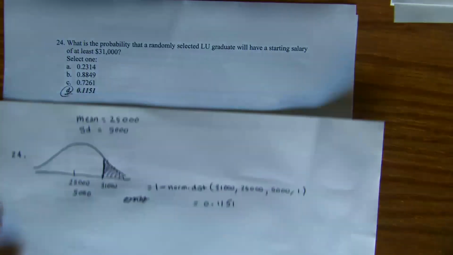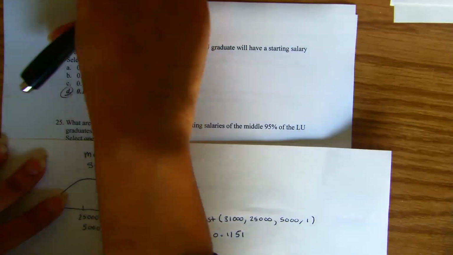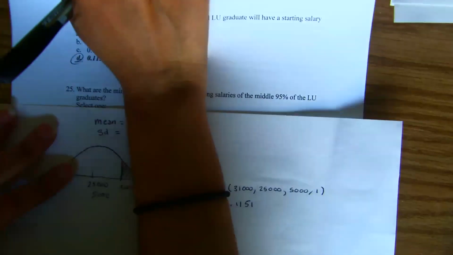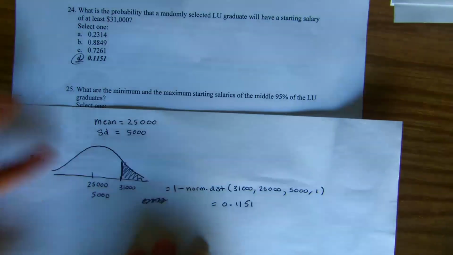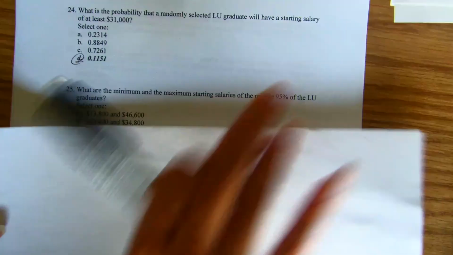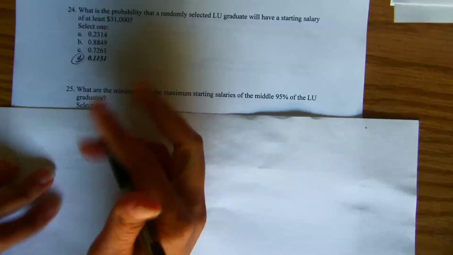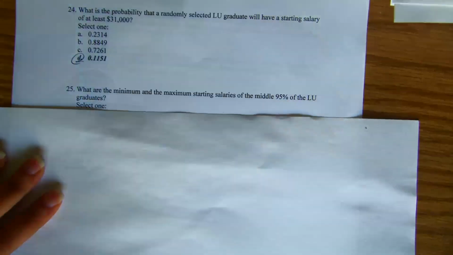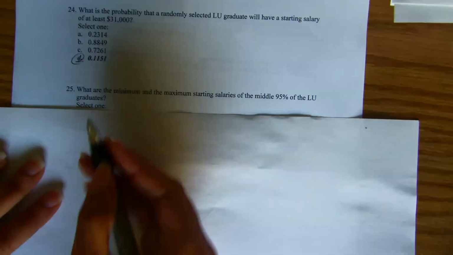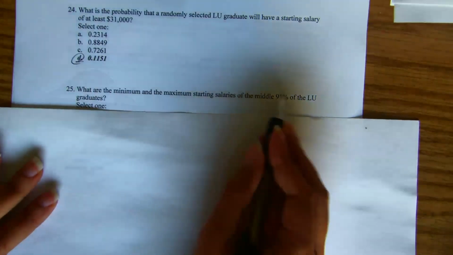Okay. Let's move on to 25. Let's move this up a little bit. I'll do this, so it's like a fresh start. Okay. So we want to know what the maximum and minimum starting salaries of the middle 95% are.